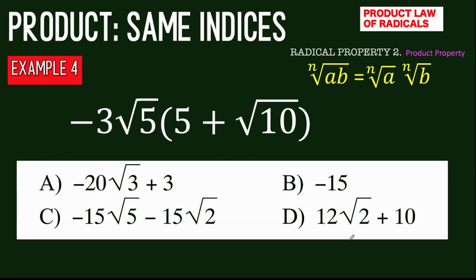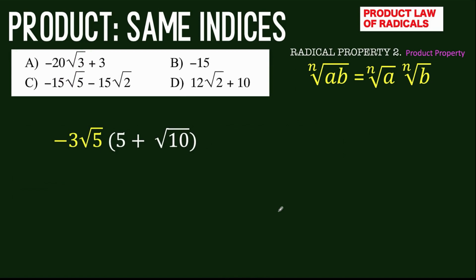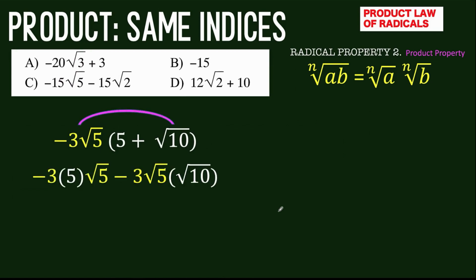Another example. Negative 3 square root of 5 times the binomial 5 plus square root of 10. These are the 4 options. So here we are going to apply again the distributive property of multiplication over addition to arrive at this result. Then negative 3 times 5 is negative 15. Copy square root of 5.